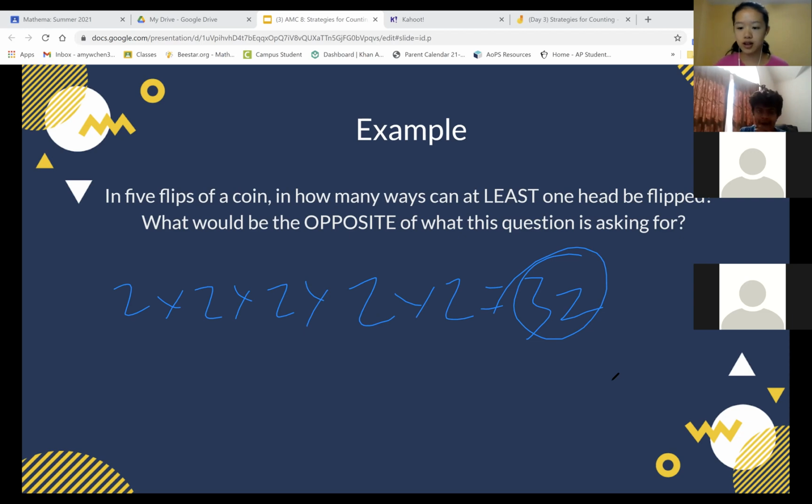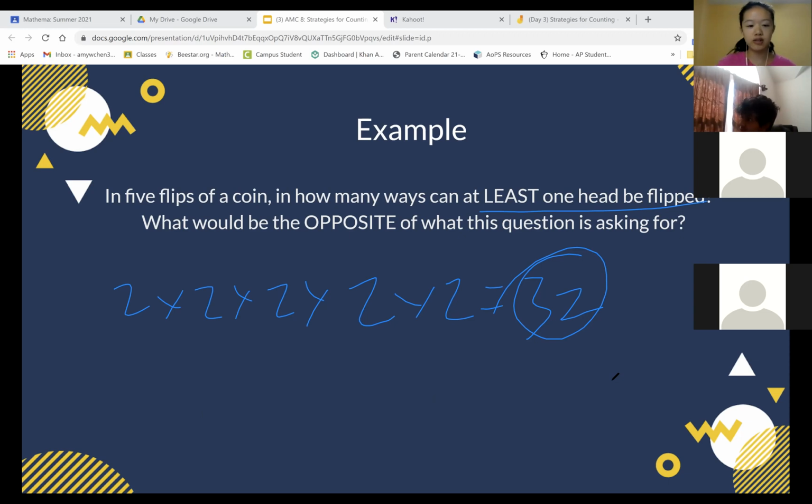Here's the thing. Why not 5, because there are 5 flips instead of 0? The opposite of the question would be 0, because if you flipped 5 heads in a row, that would actually satisfy the question. It's asking for at least 1 head to be flipped, which means that if you flip 1, 2, 3, 4, or 5 heads, that would satisfy the question.